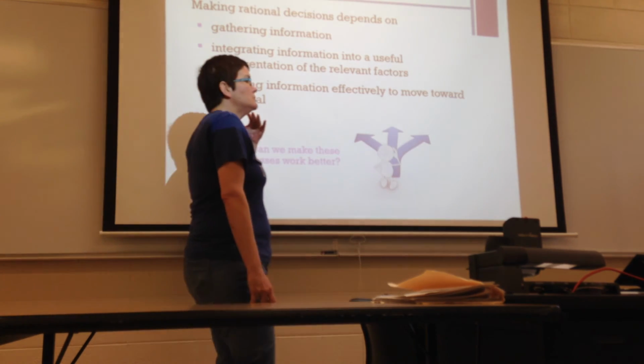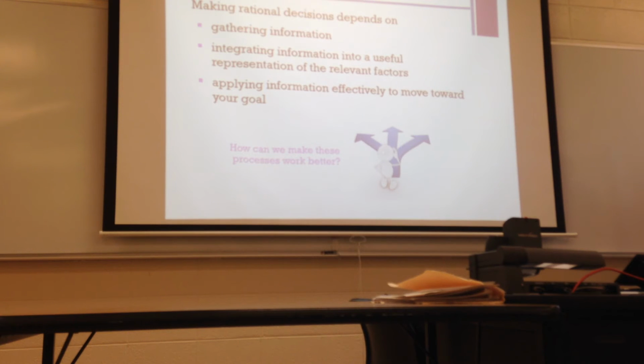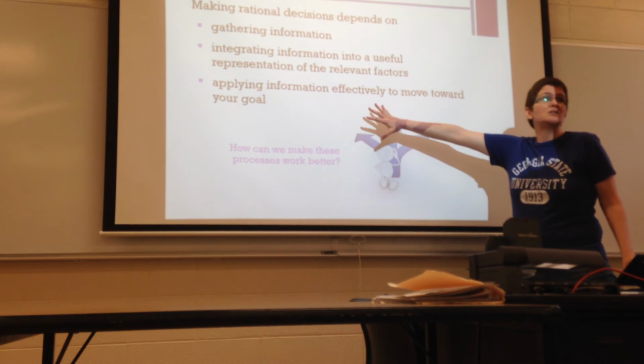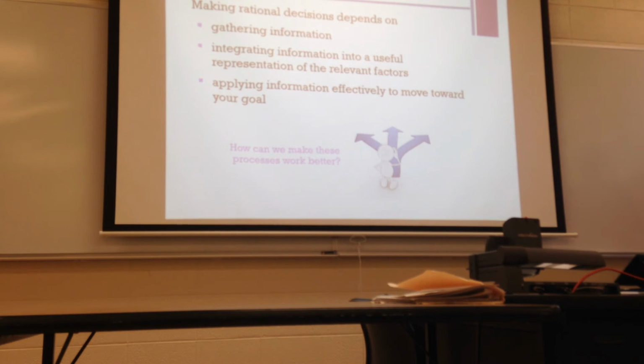And you need to follow effective problem-solving strategies as well as effective reasoning strategies and avoid cognitive illusions in order to apply the information you have effectively and achieve that goal. That's what we all want to do, right?